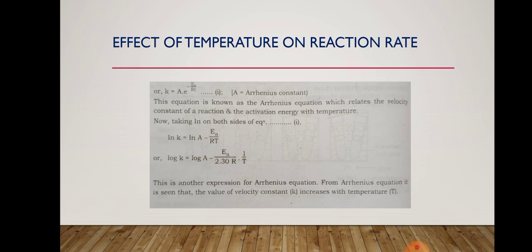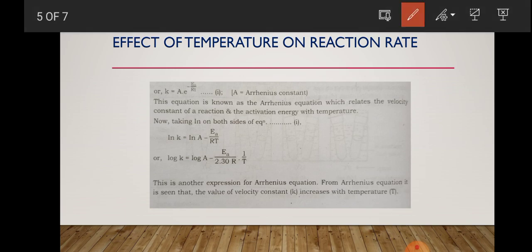And k = A e^(-Ea/RT), and this equation is the Arrhenius equation. This equation is known as the Arrhenius equation, which relates the velocity constant of a reaction and activation energy with temperature.